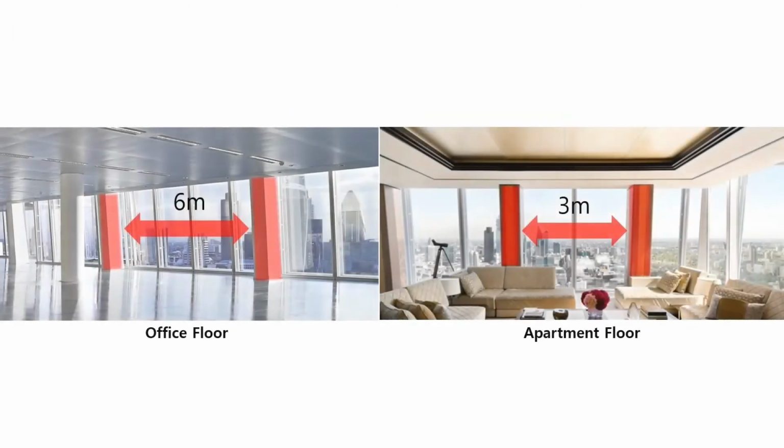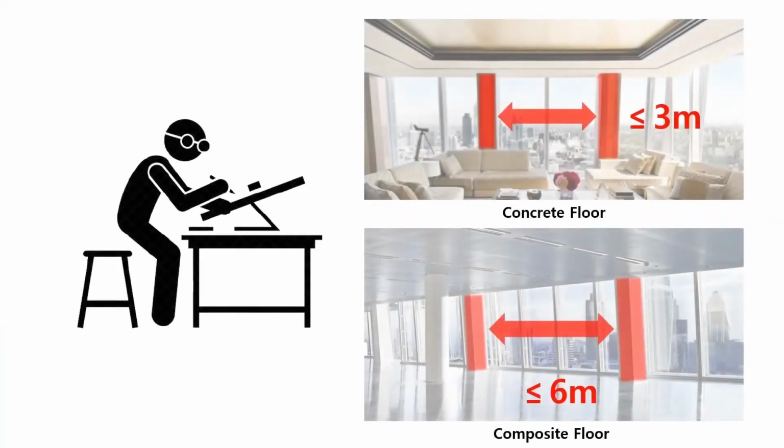This is because the perimeter column spans of the concrete floor and steel floor are different. To make a concrete slab without a downstand beam, the limit of the perimeter column span was 3 meters.